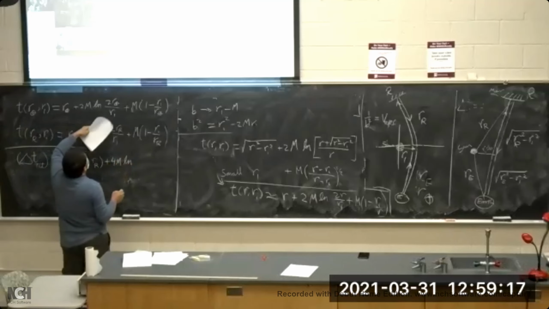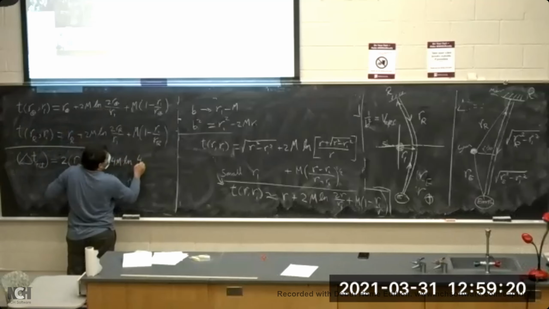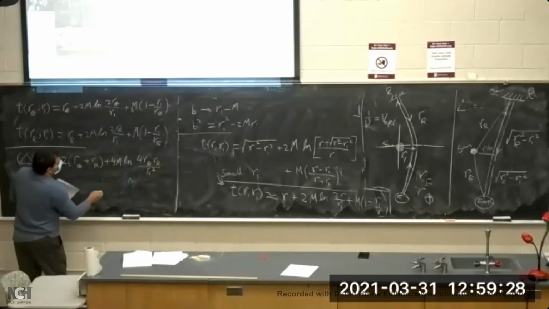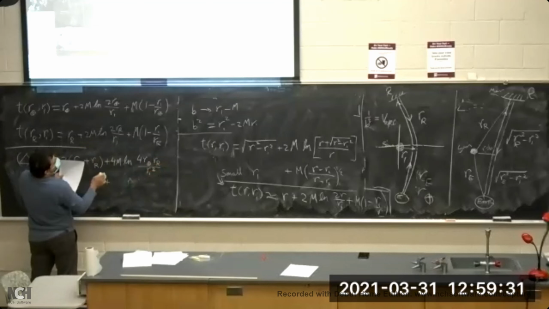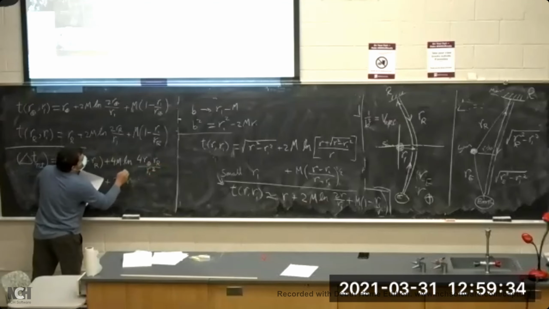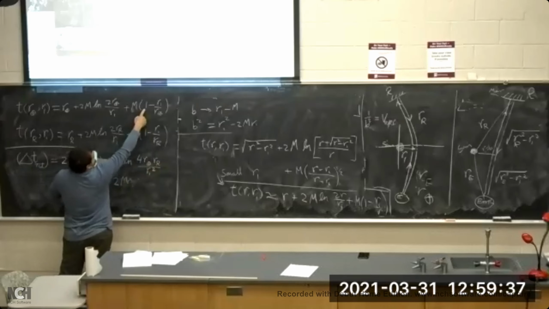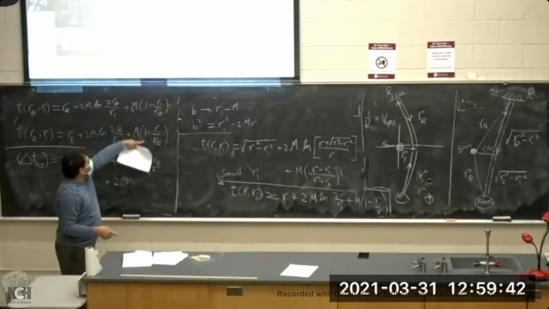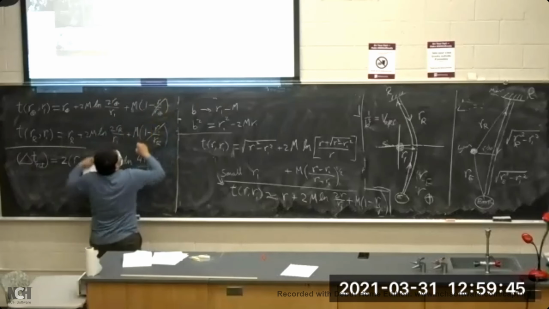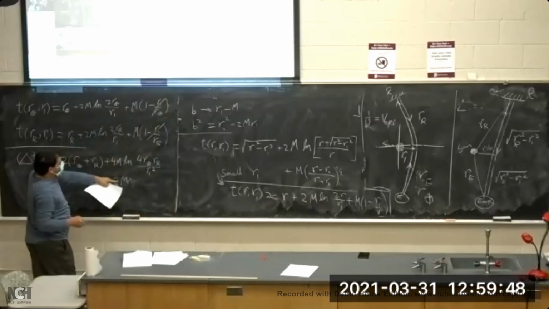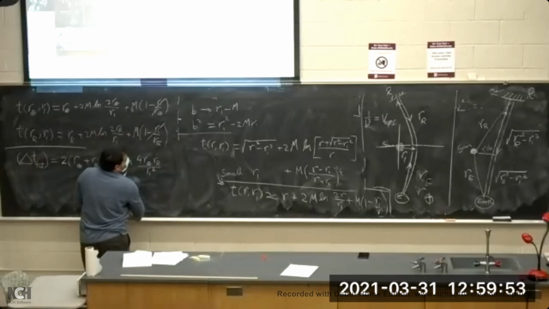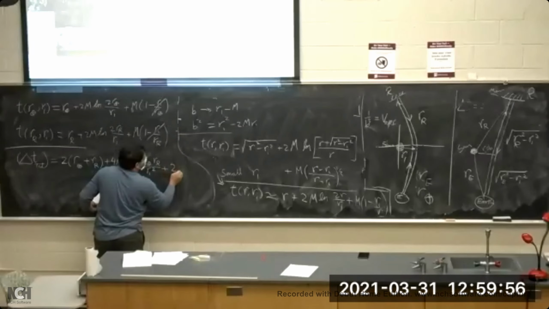If we add these together, they will be 4, I think, yes, 4 R Earth R reflector over R1 squared. Also, we have 2 of these terms, which is 2M. We can take R1 over R Earth and R1 over R reflector as 0, so we have just 1. We have then 2M, plus 2M.